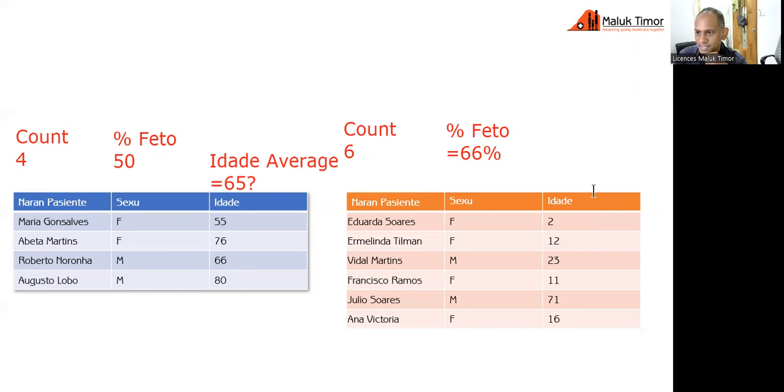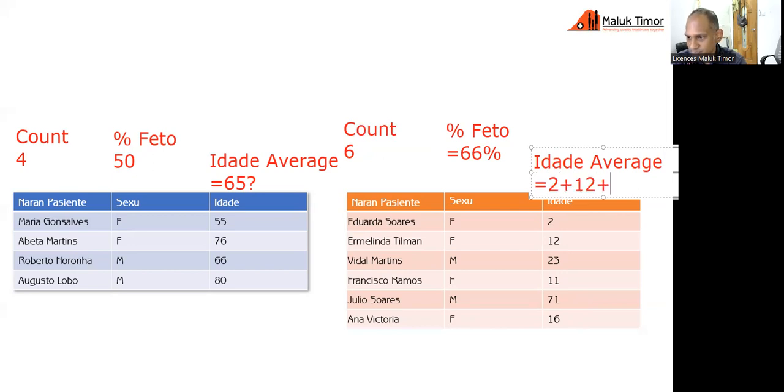And then over here, what is the average age in here? You can see that they are much younger. The patients are young, so we add 2 plus 12 plus 23 plus 11 plus 71 plus 16, and all this together divided by the total number of numbers over here.